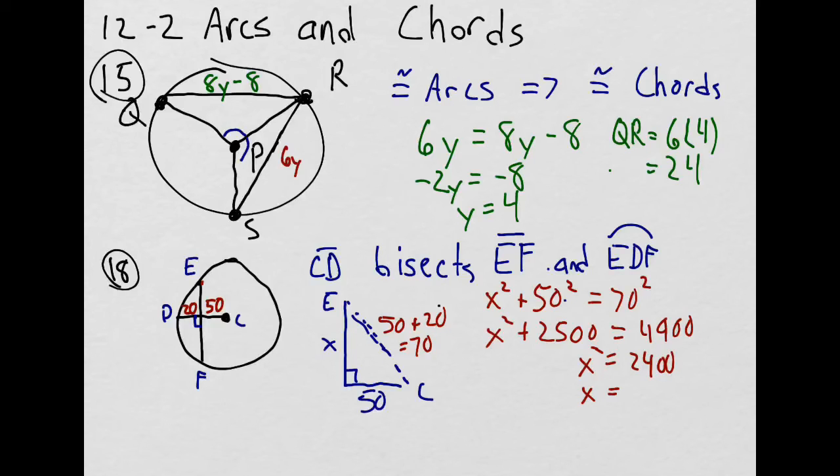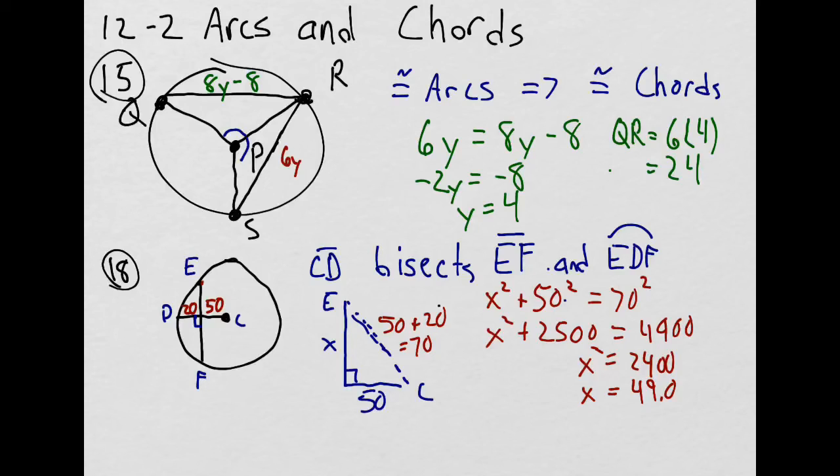And that's approximately 49. Now keep in mind that 49 is not the whole chord though. It's only half of it, right? So to get the whole chord EF, you have to multiply it by 2. Not difficult though, right?